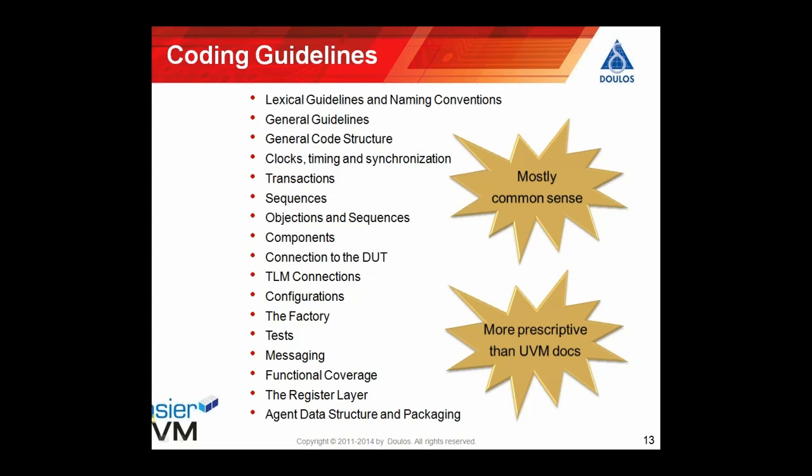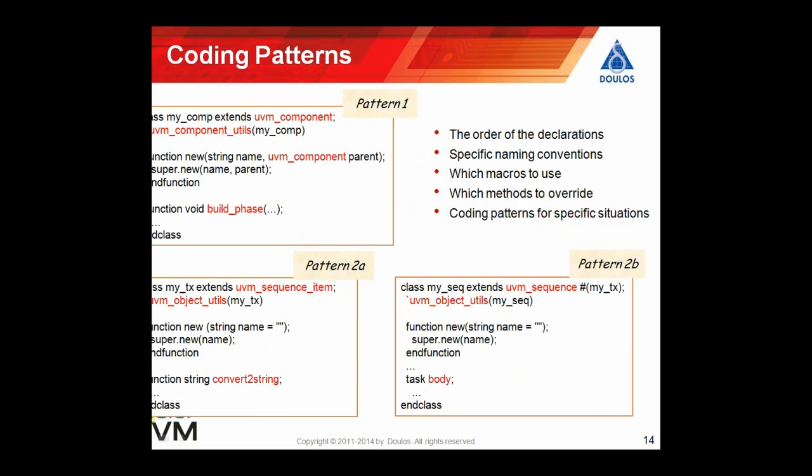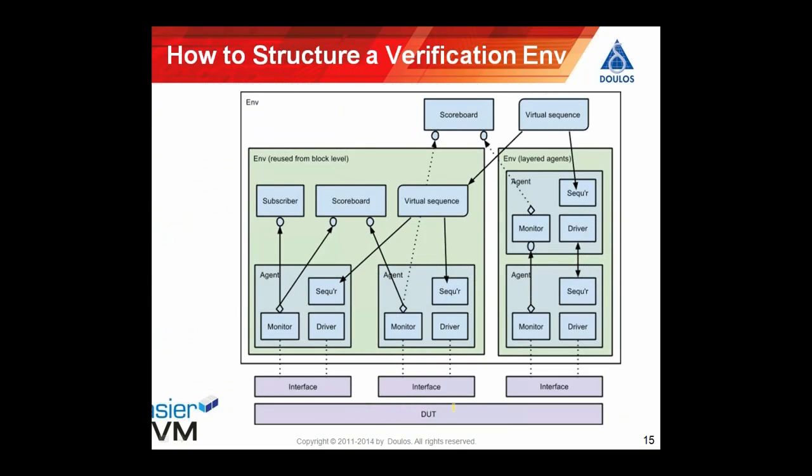Those coding guidelines will include the coding patterns that you will have seen if you actually read some of the Easier UVM papers from a few years back, describing how to use components, transactions, and sequences in a uniform way. Easier UVM also describes how to structure the overall verification environment, and there aren't any surprises here.